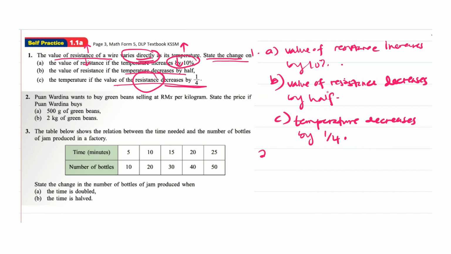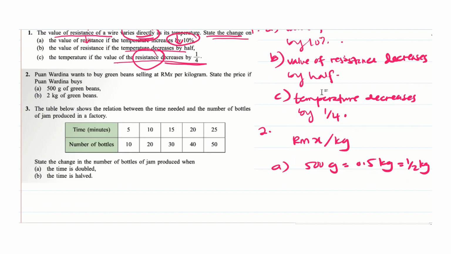For question 2, Wardina wants to buy green beans selling at RM X per kg. State the price if Wardina buys 500 grams of green beans. So we know 500 grams equals 0.5 kg, or half a kg, right?